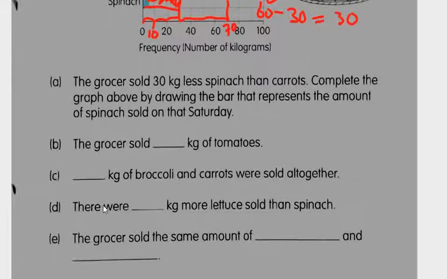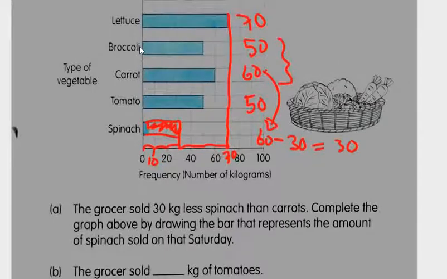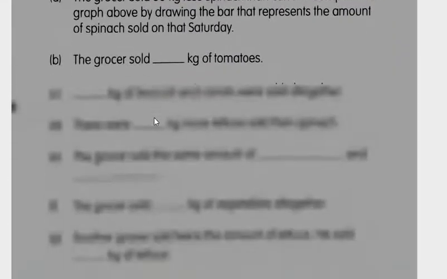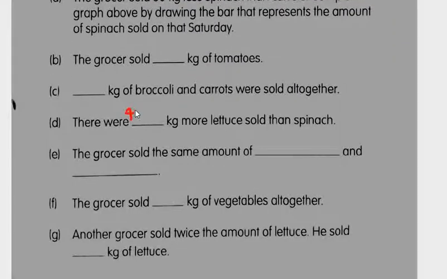Now, question D, how many kilograms more lettuce was sold than spinach? Lettuce than spinach. Okay, the difference. Lettuce 70, spinach is 30. So 70 minus 30. Okay, count it by yourself.